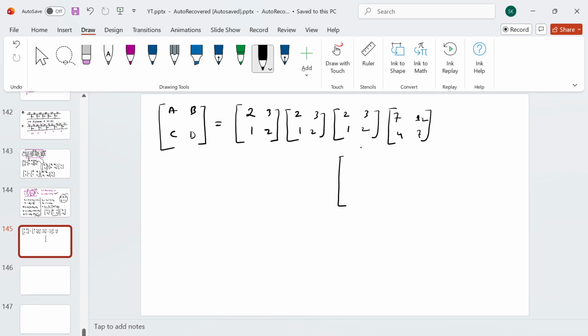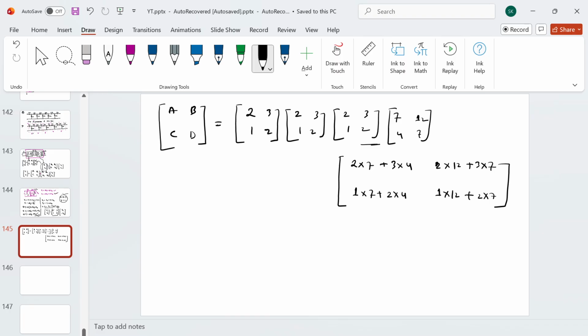So you will get, if you multiply this, 2 into 7 plus 3 into 4, 2 into 12 plus 3 into 7, 1 into 7 plus 2 into 4, 1 into 12 plus 2 into 7. Okay.